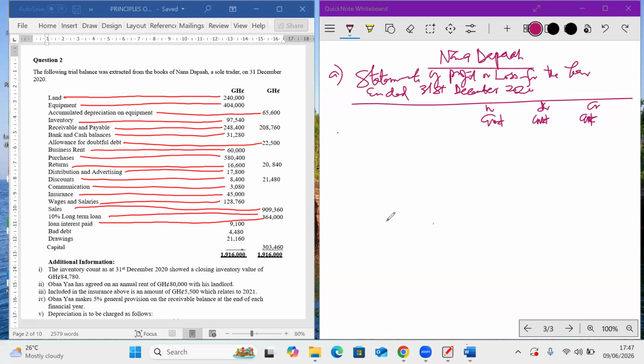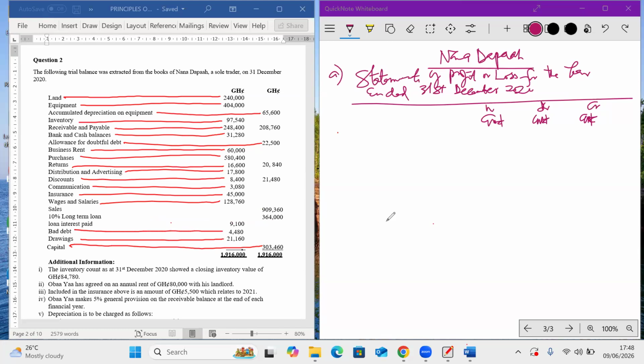Hold on. So here, I'm going to explain everything, so pay attention. So use your pencil. You do this. Do you get it? Okay. You use your pencil. This is what you do.